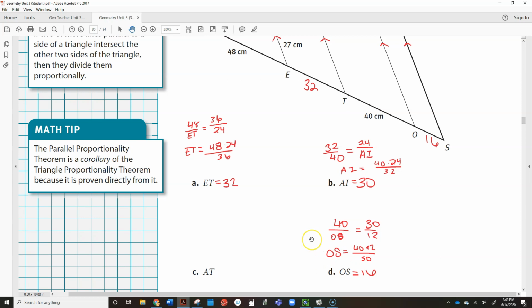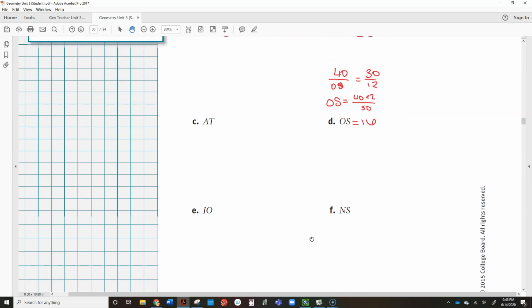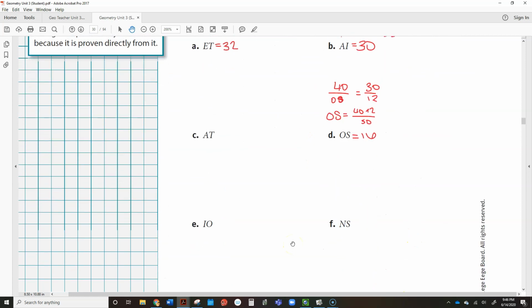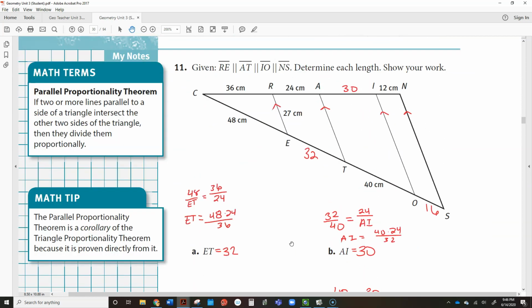Okay, and then to find ATIO, they want me to find AT, IO, and NS. So those are all the parts of the parallel lines. Those are not part of that theorem we just learned.